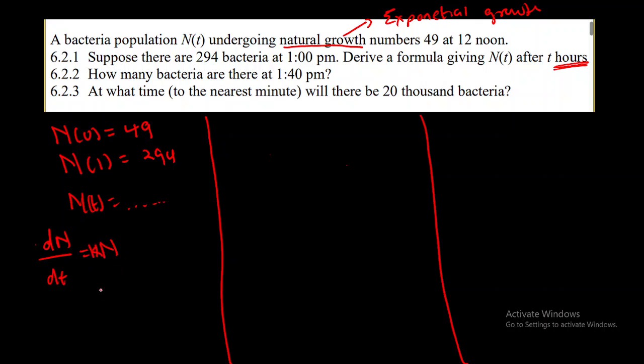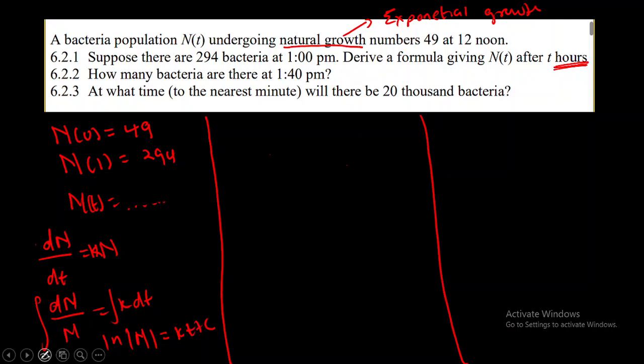If we separate our variables, we're going to have dN over N, which is equal to k dt. We integrate both sides. We're going to have ln of N, which is equal to kt plus c. So this is your general solution for natural growth.